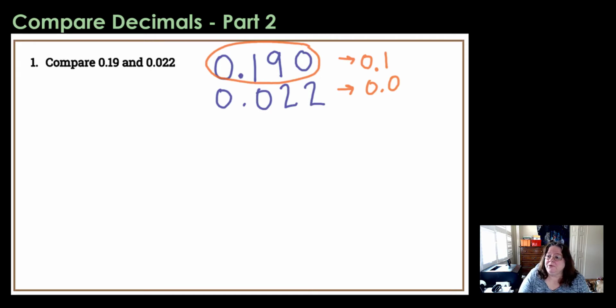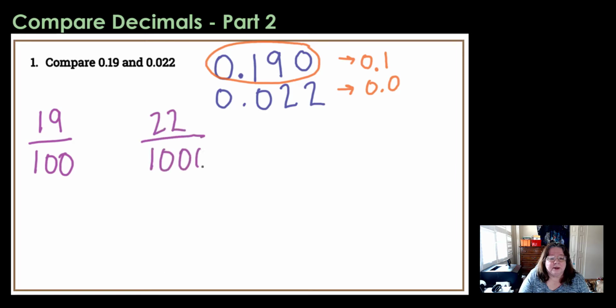Let's write the number in fraction form because I think that gives us some additional information. This is 19 hundredths. And this is 22 thousandths. In order to compare them, we really want to turn 19 hundredths into an equivalent fraction. So what I could do is 19 times 10, 100 times 10.